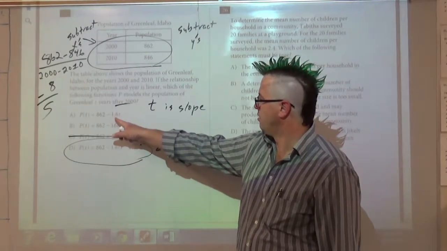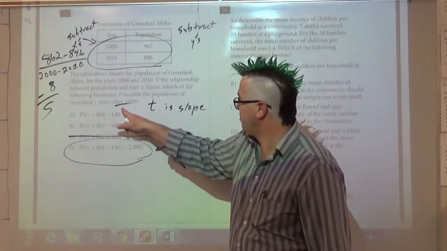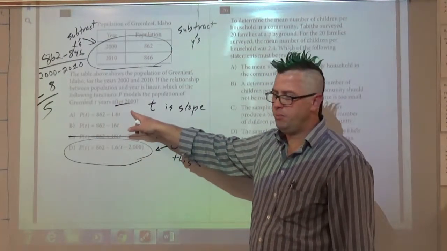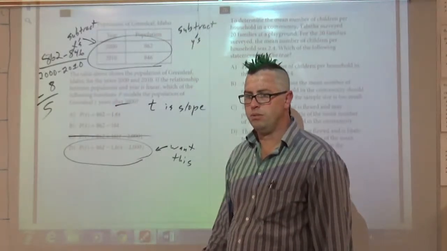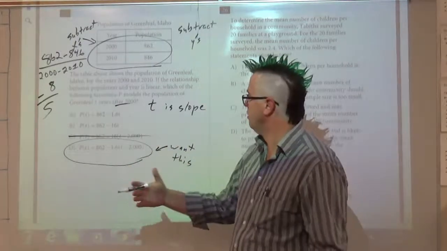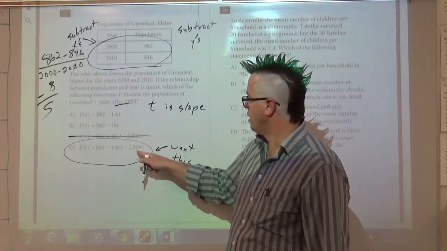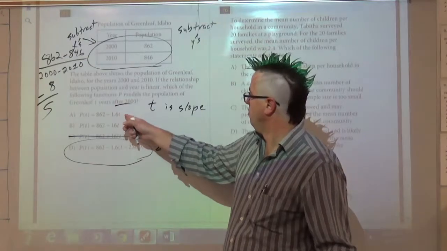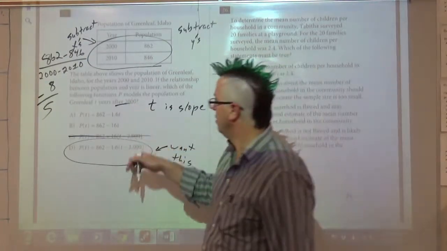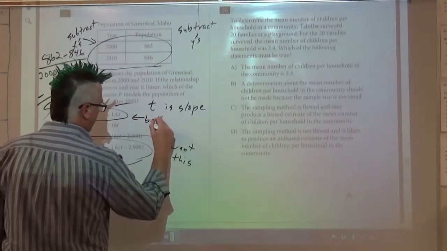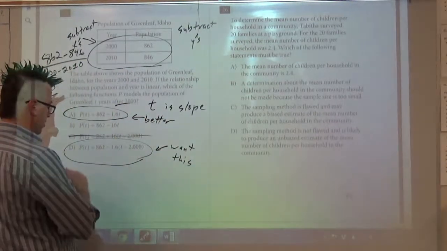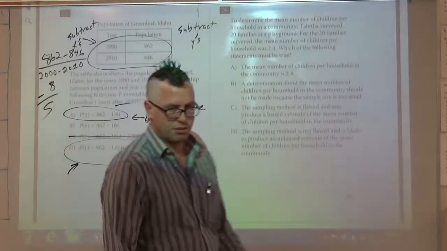This is cleaner, and they said T years after 2000. So that means that T isn't years, it's years after 2000. So instead of it being 2011, where you have to subtract out the 2000, it'd just be 11, because it's after that. So I think A is correct on this, but some state tests would actually want D instead.